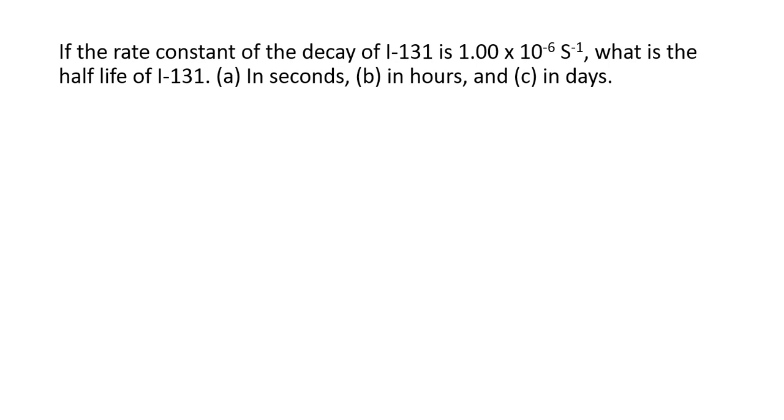The same reaction: if the rate constant of the decay of the previous reaction is 1.00 times 10 to the power negative 6 per second, that is a first order reaction. What is the half-life of the iodine 131 in A, seconds, B, hours, and C, days?